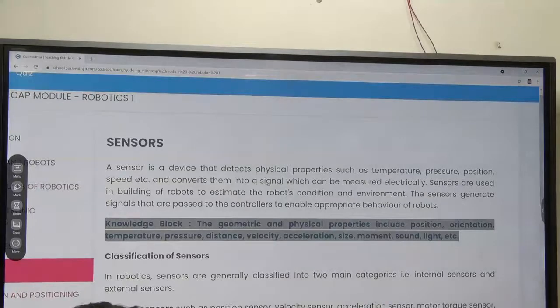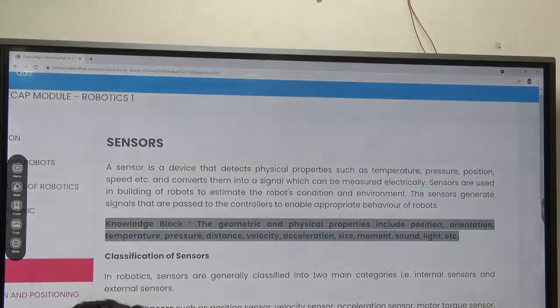Now who wants to continue with the sensors? Kartikeya has raised a hand. Yes, Kartikeya. Any doubt or you want to read?